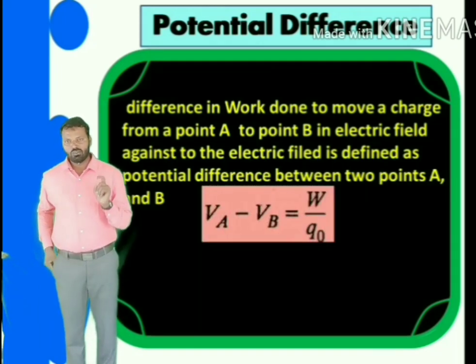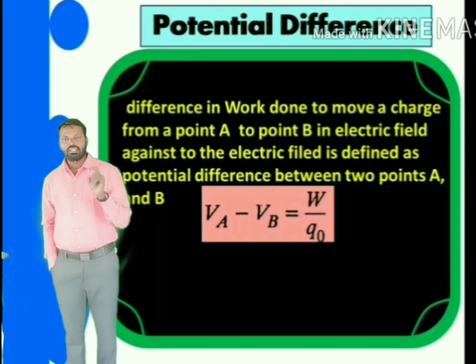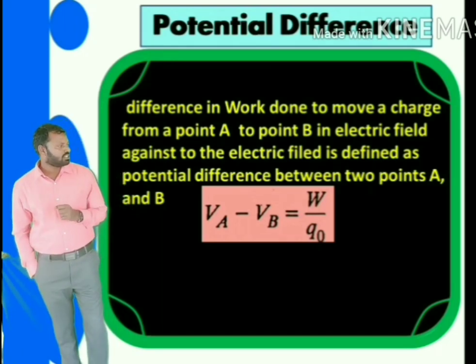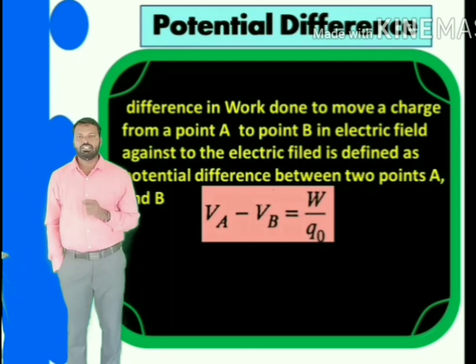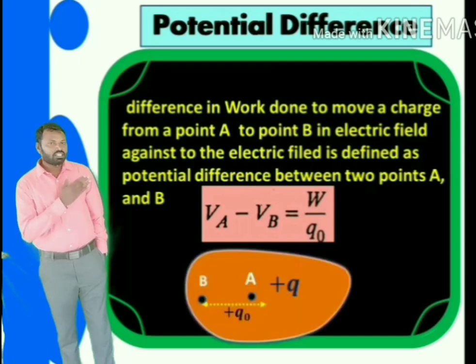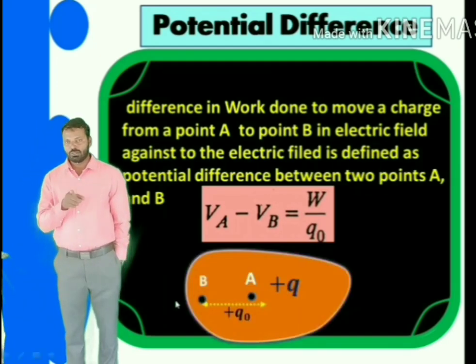That means the work done to move a charge from point A to point B in an electric field, against the electric field, is defined as potential difference. See here, this is plus Q charge. Now take 2 points A and B in this electric field. If my Q0 is at B, the potential at B is VB.